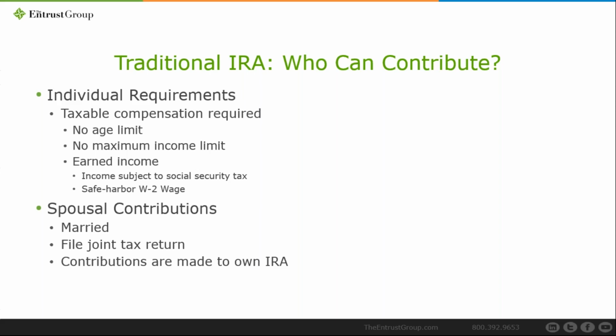Another variable in regards to contributions is what we call a spousal contribution. When a couple is married and filing a joint tax return, let's say one of them has earned income and the other one does not. Well, the other one who does not have earned income deserves a retirement plan too, and to contribute to their individual retirement arrangement.